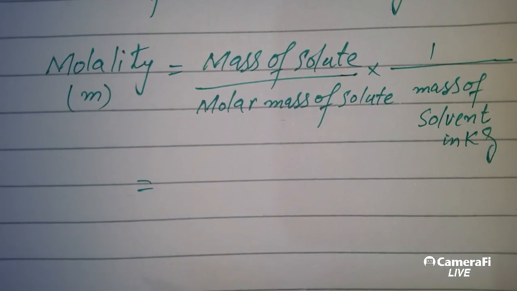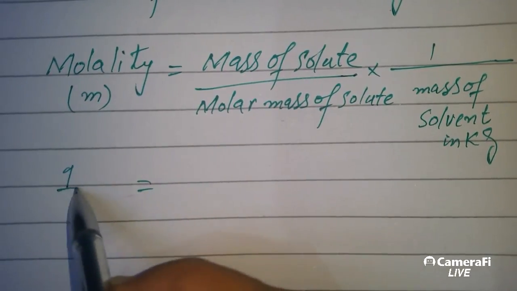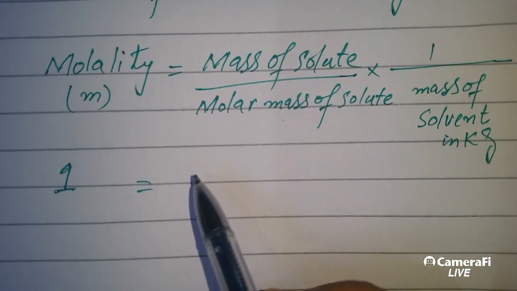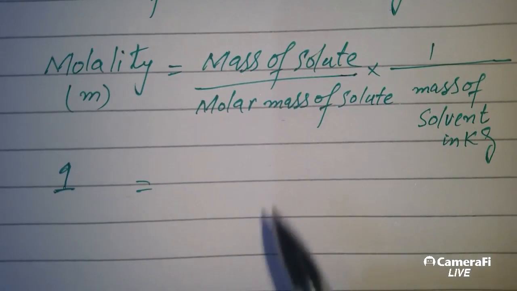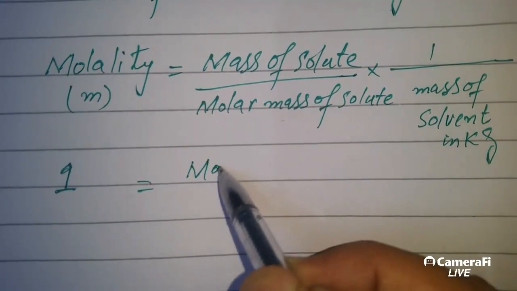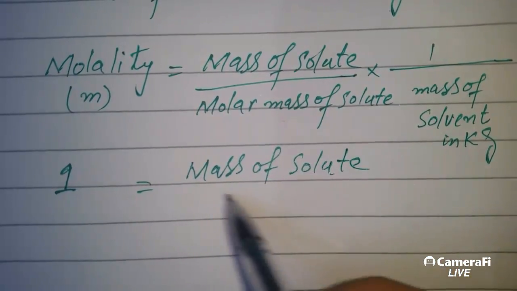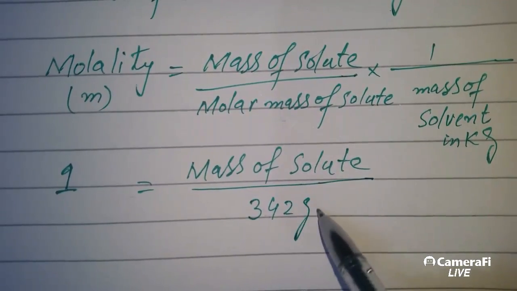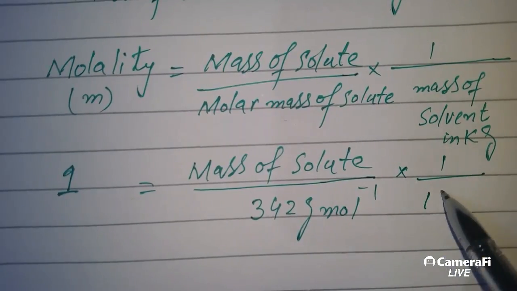Let's apply the values. Here we have this solution is 1 molar, so we put 1 here. The mass of solute, that is sucrose, is not given, so mass of solute is unknown here, over molar mass 342 grams per mole, into 1 over 1 kg.